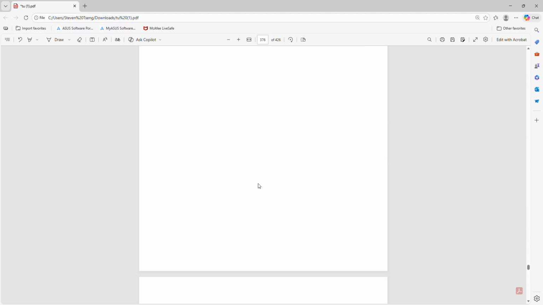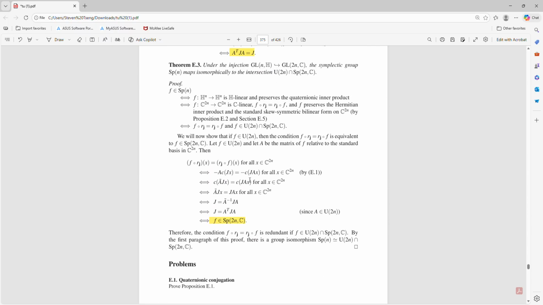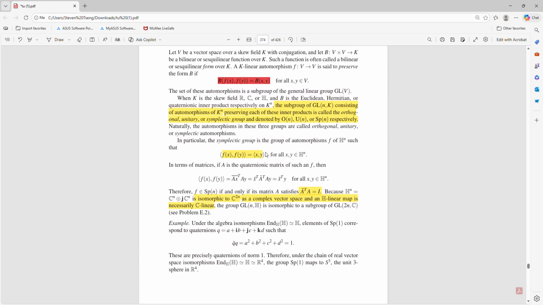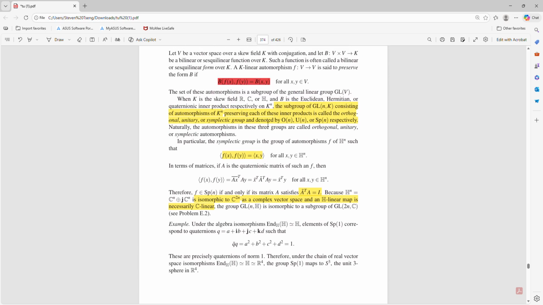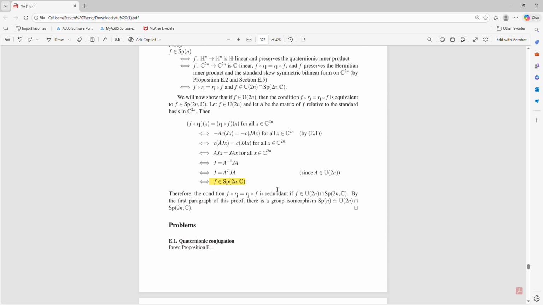Then we get that F is H-linear, and so it is also C-linear, and satisfies this equation. And it preserves the Hermitian inner product because of how we defined this group above, in this section.